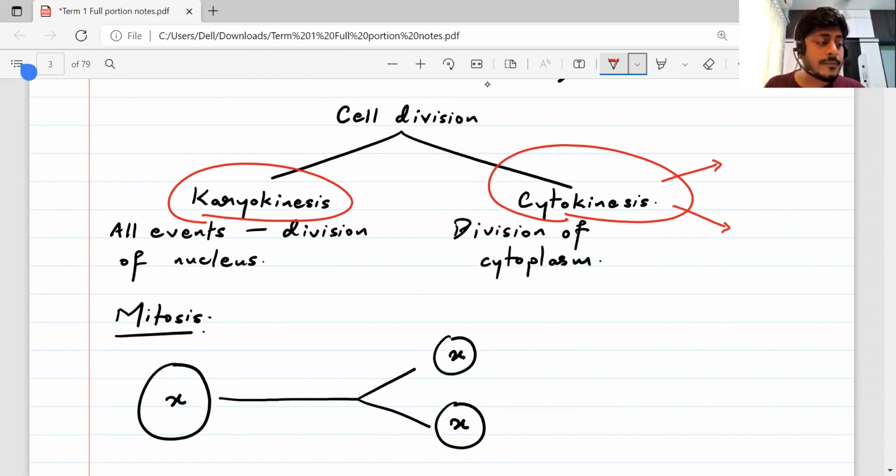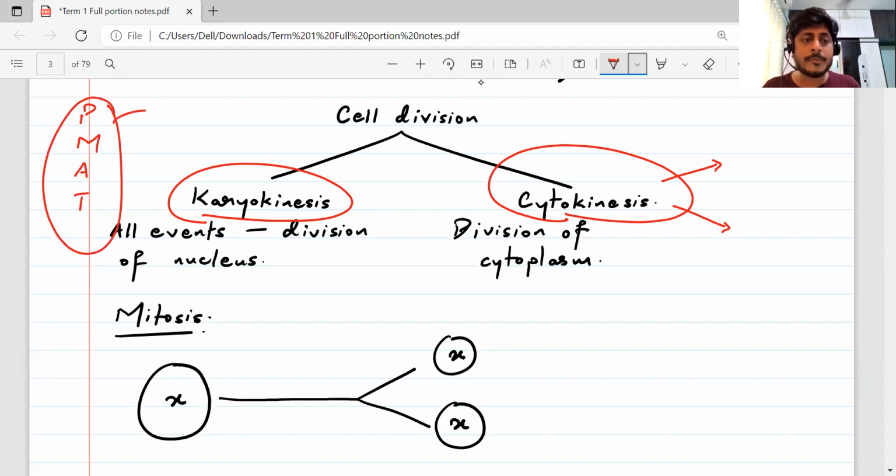Karyokinesis is all the events involved in the division of nucleus. So when we see karyokinesis, it will be your prophase, metaphase, anaphase, telophase. All of it would be under karyokinesis.